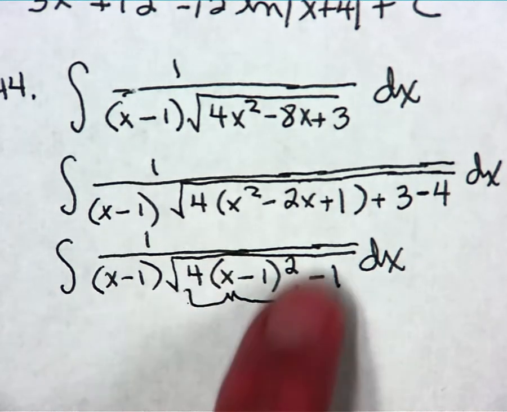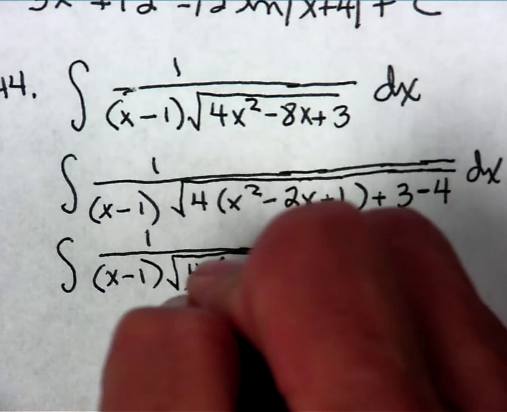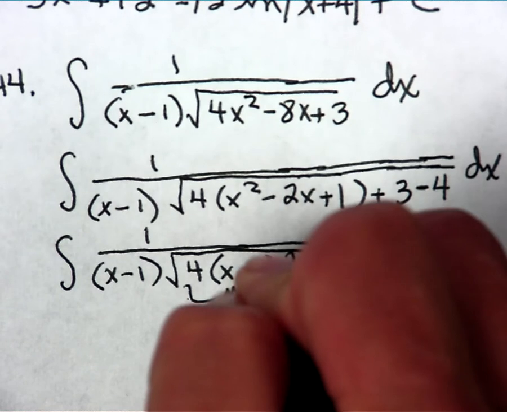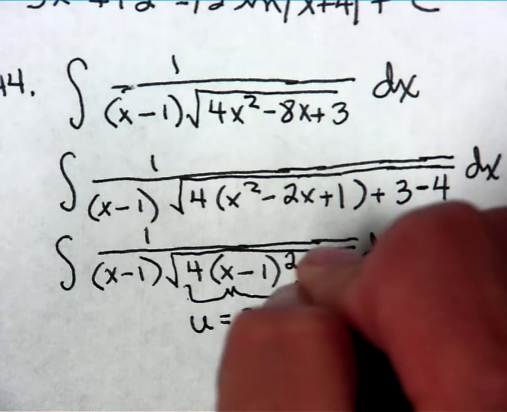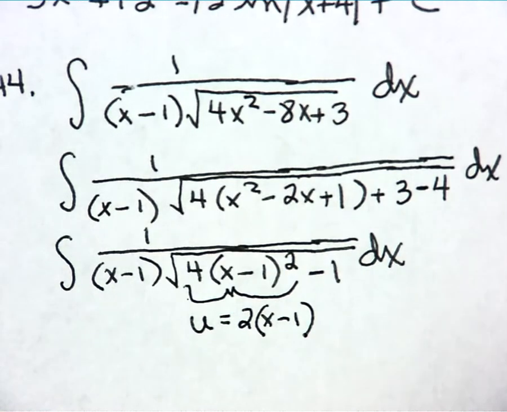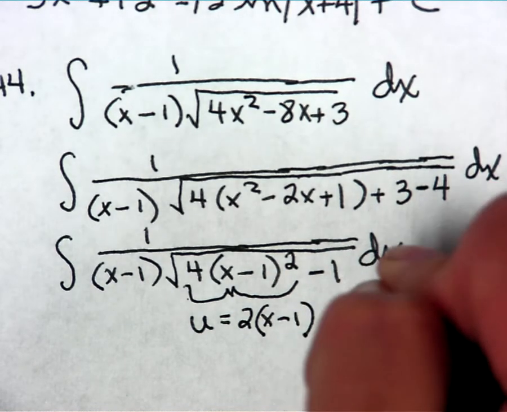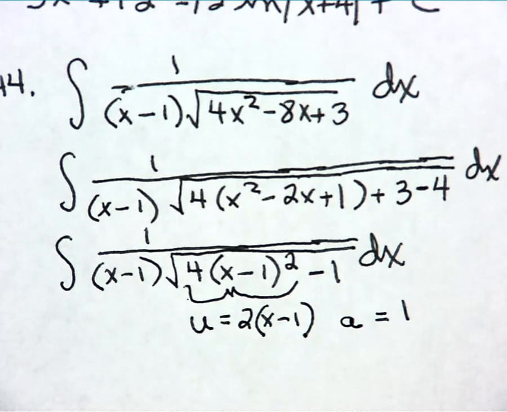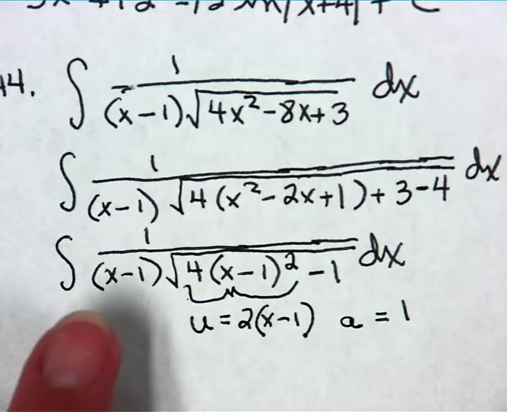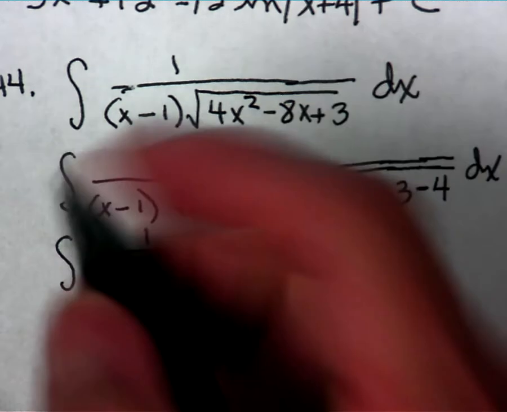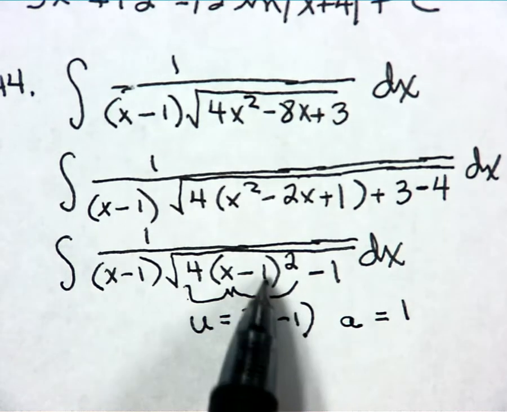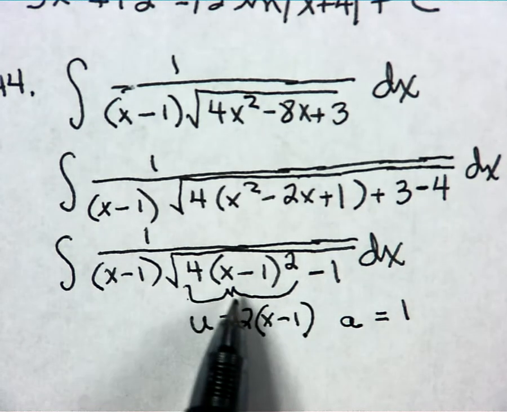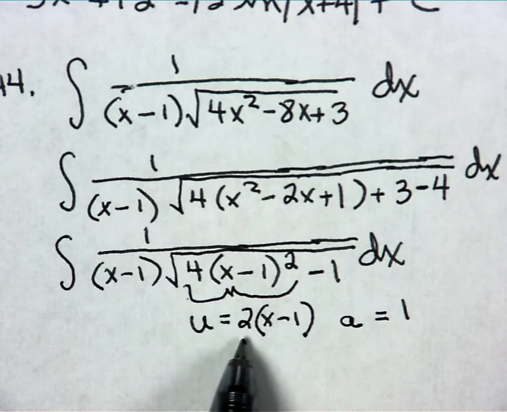So if that's my u squared, what is u? 2 times x minus 1. And I'd have to have, outside the radical, a u, because it's the thing being squared. And the thing that's being squared is this.